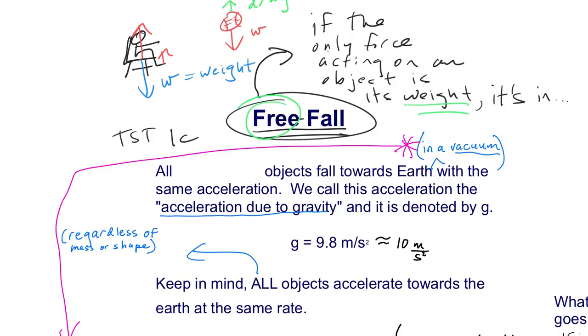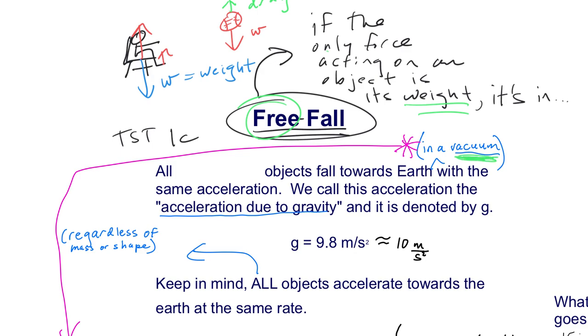What kind of place would it be if there was no air drag? Well, a place where there's no air. Okay, so we can suck the air out of a container and make it a vacuum.